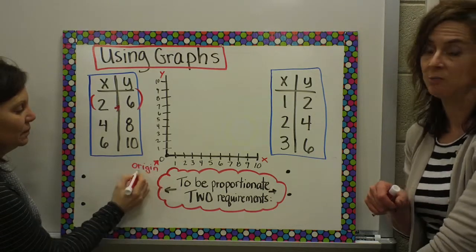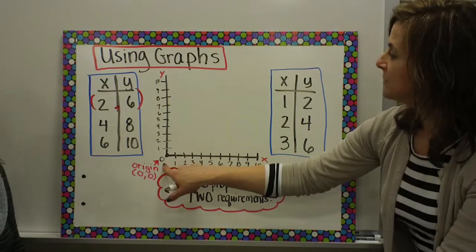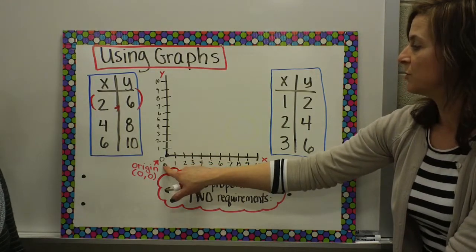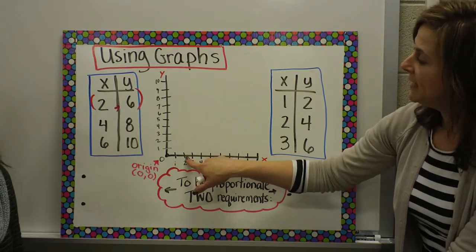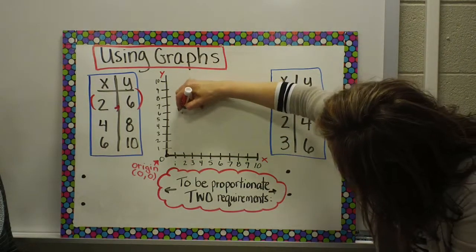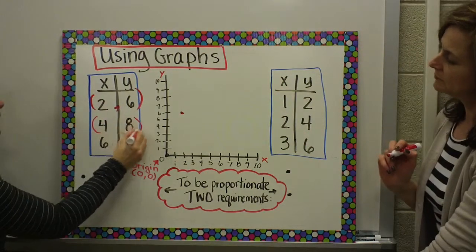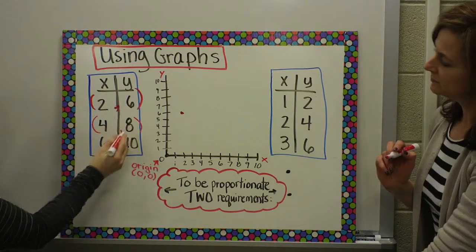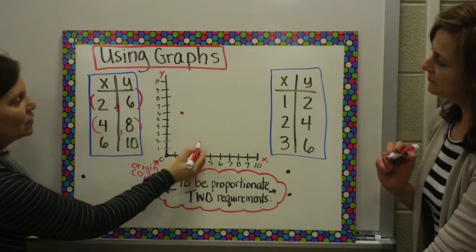Origin is our starting point always, and it stands for 0, 0. So we start here and we go to the right 2 because we have a positive 2, 1, 2, and then Y is on 6, so we go up 6, and we put our little dot right around there. I notice that in my next set, I have 4 and 8, so I'm going to start at my origin, count over 4, and then I'm going to count up 8.